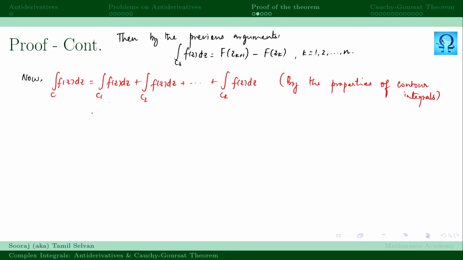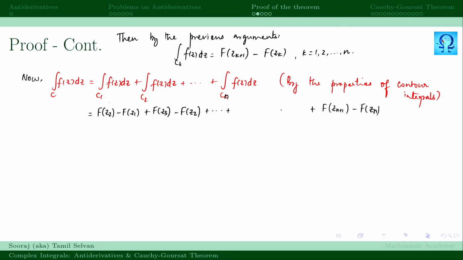And this is what? This is F of z_2 minus F of z_1, plus F of z_3 minus F of z_2. It goes this way till Cn, right? So what is the term we would get for Cn? It is F of z_(n+1) minus F of z_n.